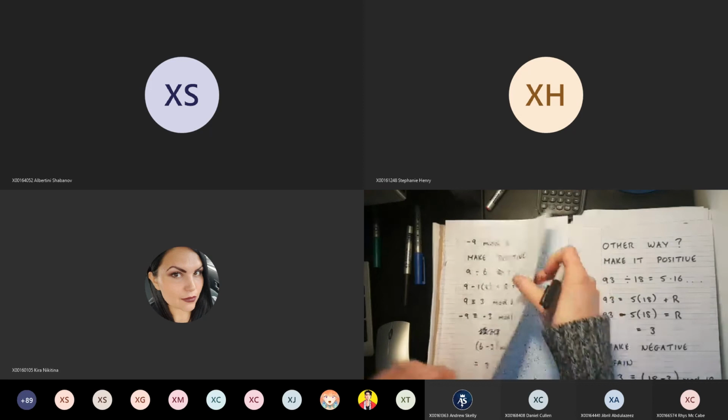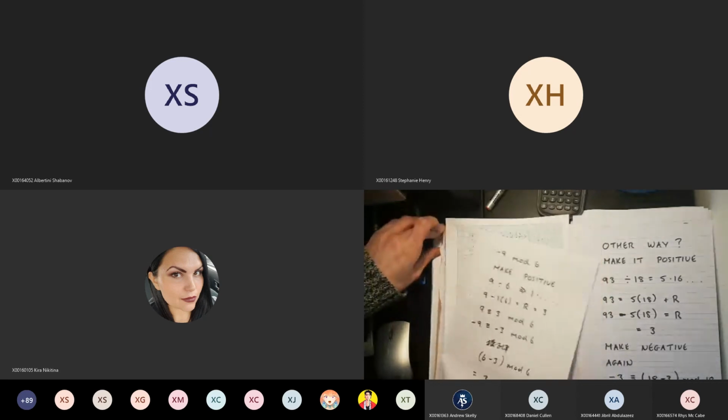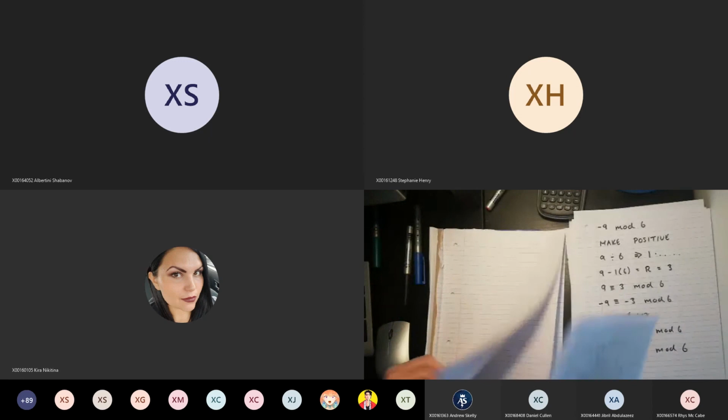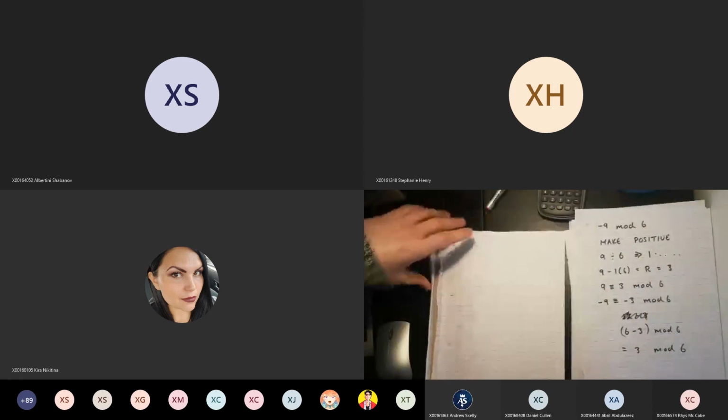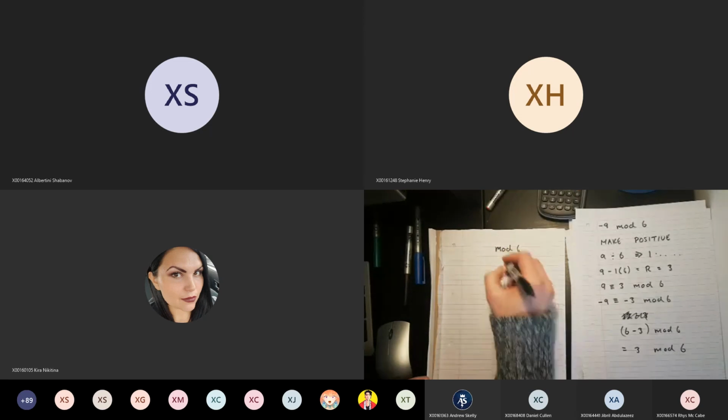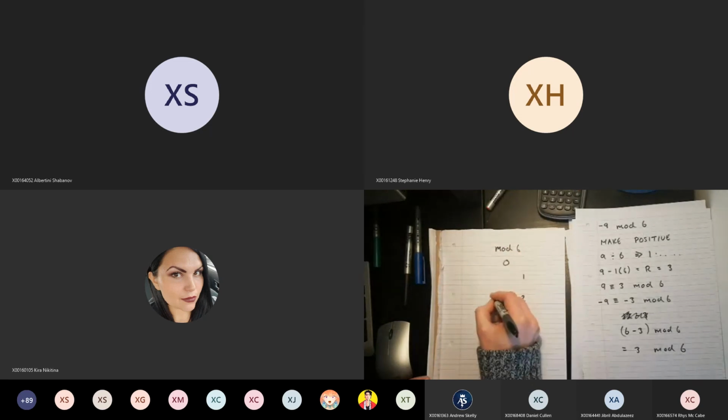And let's go back to the picture of the clock here just for a moment so that we can picture this a little bit more. So what did the clock in mod 6 look like? My clock was 0, 1, 2, and then 3, 4, and 5.